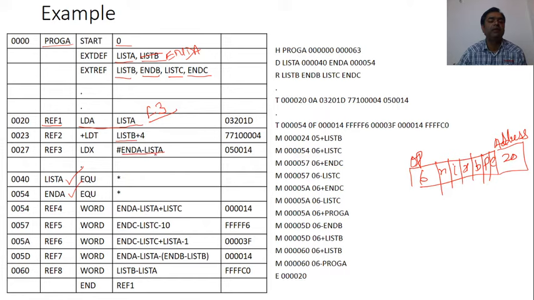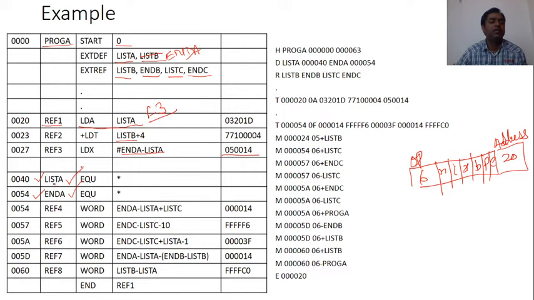You can see here end A is 0054 and list A is 0040. When you subtract list A from end A, you will get 0014. Just put this in format 3, and you will get this object code.